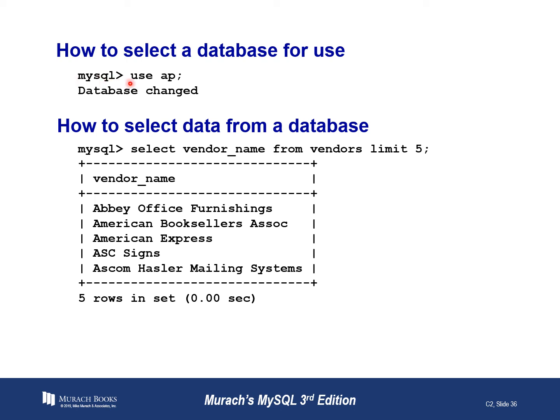Here on the prompt, if you say use ap, it will change the database to AP. Next, if you do a select statement like this, it will display the output in a command line sort of way. It's the same information but displayed on the command line. What the command line can do is obviously restricted by the graphical capabilities. You can't really scroll with your mouse or do things like that. But yeah, it works really well.